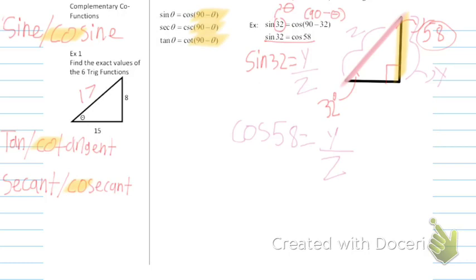So sine of theta equals 8 over 17, which is opposite over hypotenuse. Cosine of theta equals 15 over 17, adjacent over hypotenuse. And tangent of theta equals 8 over 15.